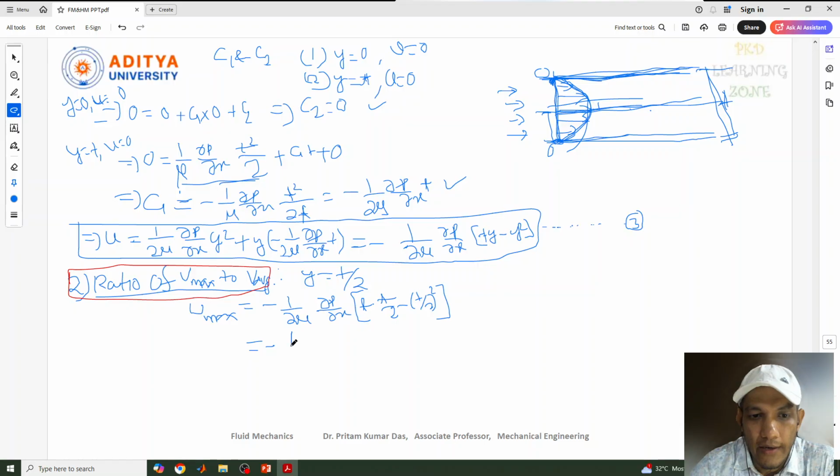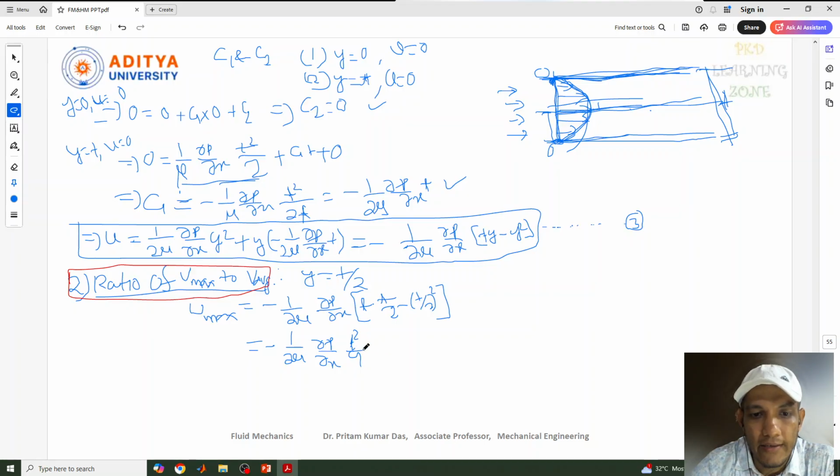So here we can write 1 by 2 mu del p by del x, and this is t square by 2 minus t square by 4. Just solving LHS and RHS, we get t square by 4.